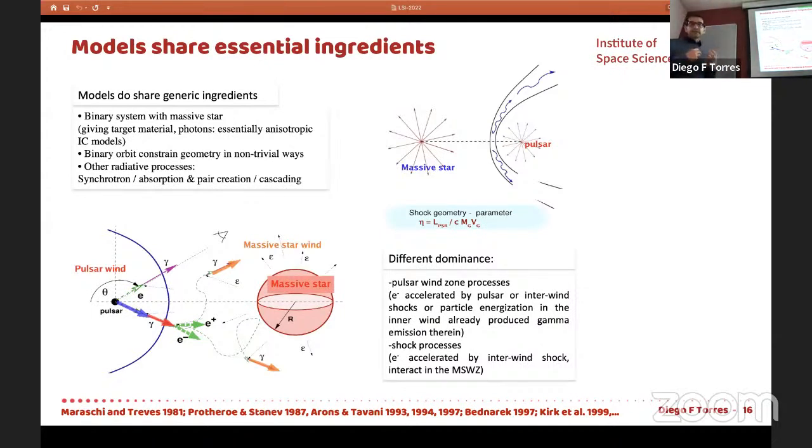The models differ in the dominant process. So you can have pulsar wind zone processes, where the inverse Compton scattering of the gamma ray photons happens within the pulsar wind, or maybe in a shock in between the neutron star and the B star. But at the end, all of these kinds of models are relatively similar.